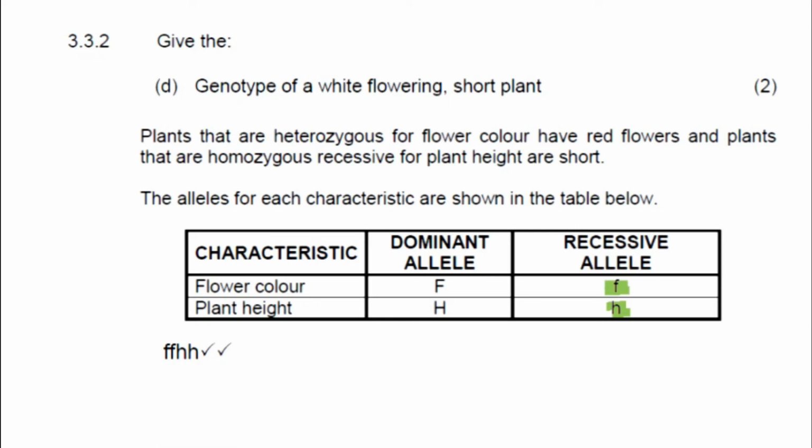But it's very important to note here, they didn't split the marks into two separate marks. It's a double mark or nothing. So you have to have the two small letter Fs and the two small letter Hs. They have to be close enough to each other so you can see it's one organism, and you have to have all four letters in sequence correct to be able to get those two marks.